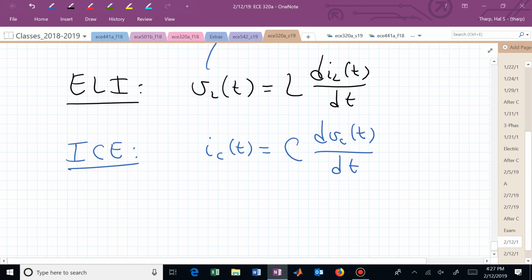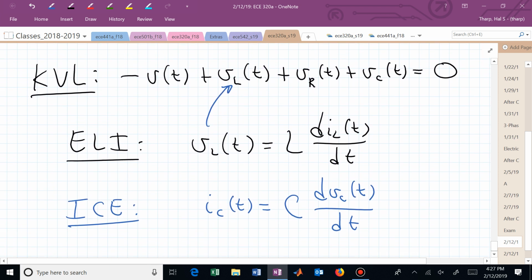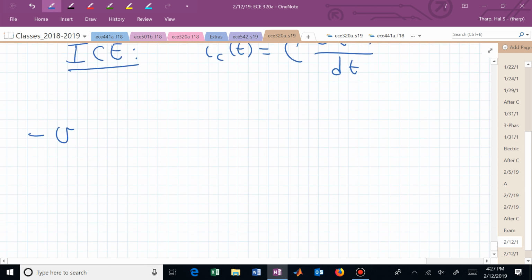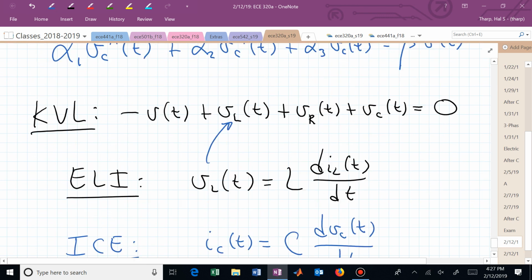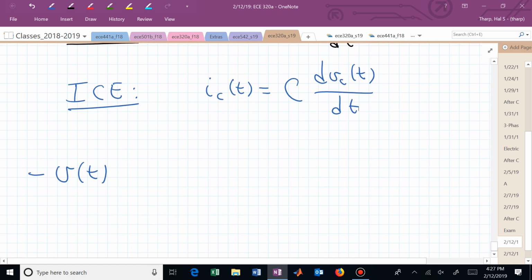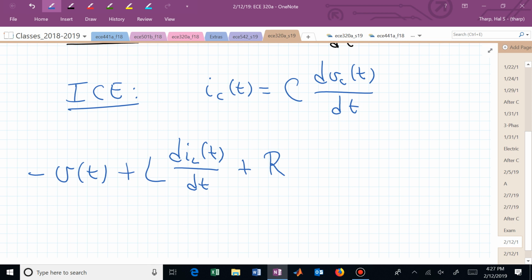Suppose we now start to fill in some of these pieces. Minus V of t is equal to plus V sub L, which is L di sub L dt, plus R times I sub L, the inductor current, plus, well, we said V sub C of t was okay, and there we are.